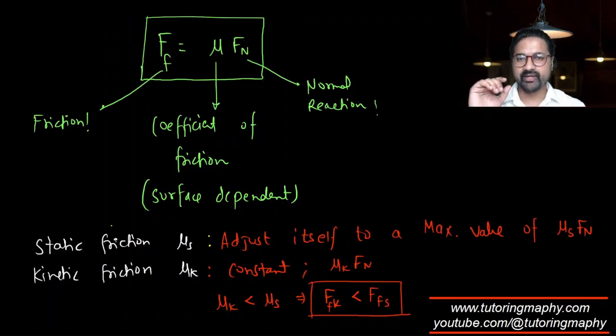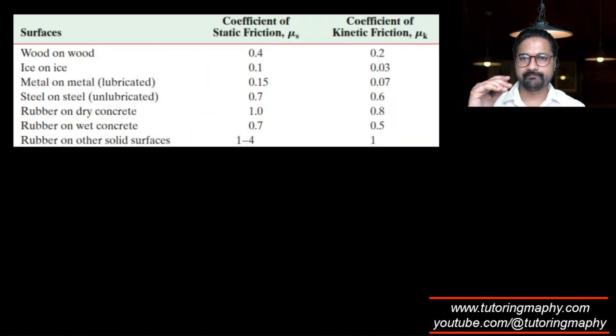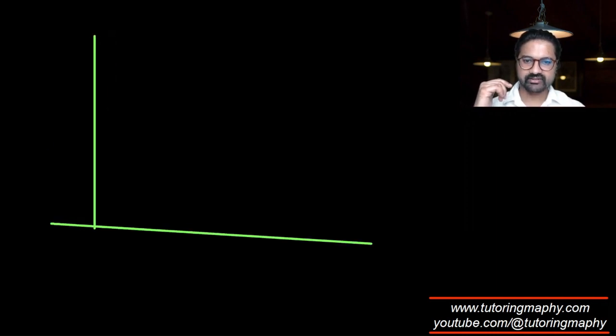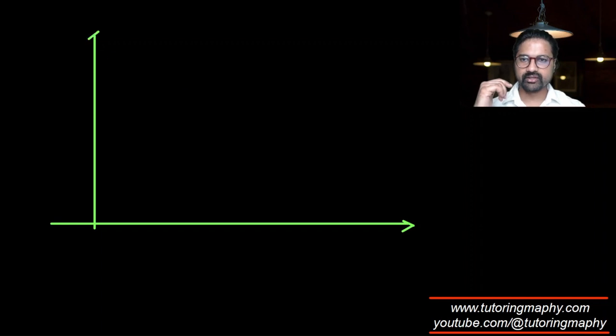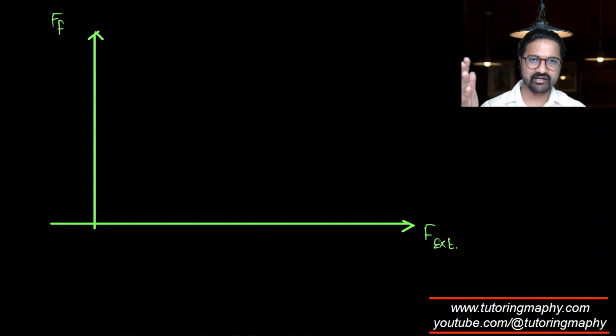Next, we are going to make a chart of the friction versus the external force. On the y-axis, I have my force of friction. On the x-axis, I have the external force that the kid or mom and dad are applying.